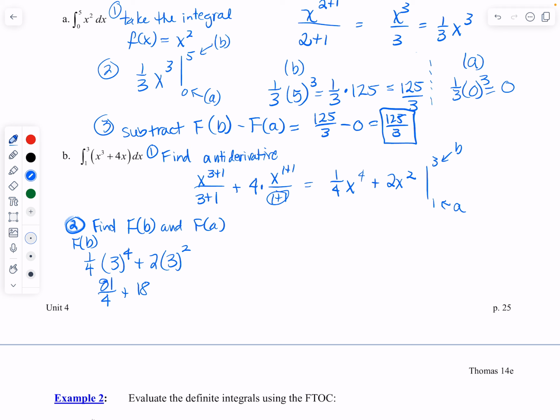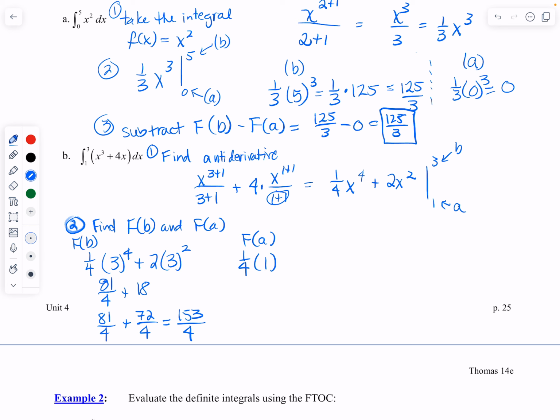I'm going to find a common denominator, and the common denominator is going to be 4. So 18 times 4 will give me 72. Now when I add these up, I get 153 over 4. So now I'm going to find the antiderivative at a. Same process, but this time around I'm plugging in 1.